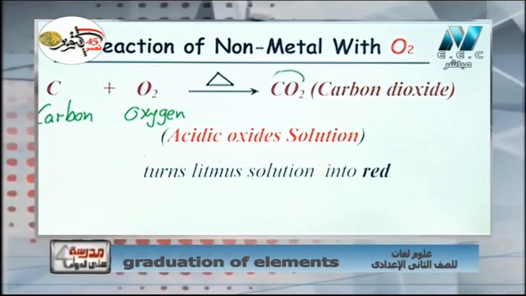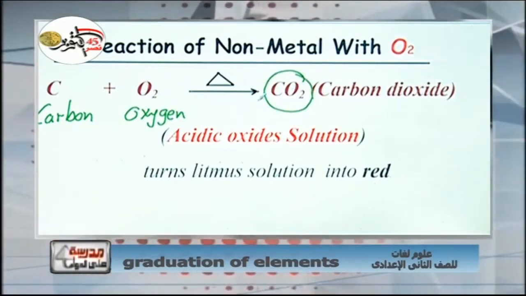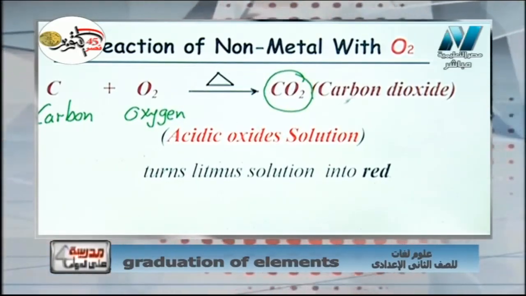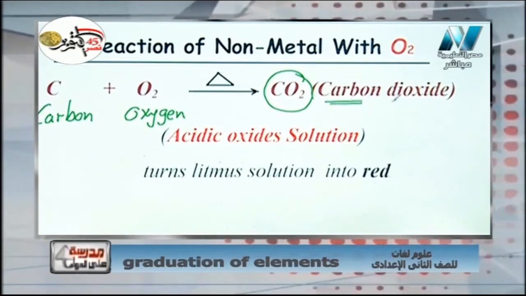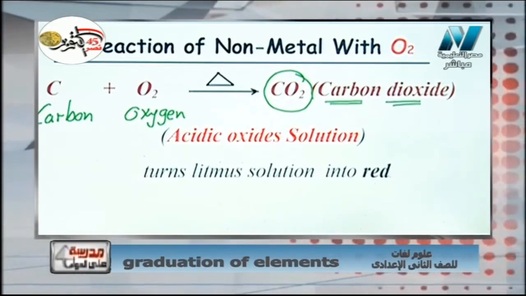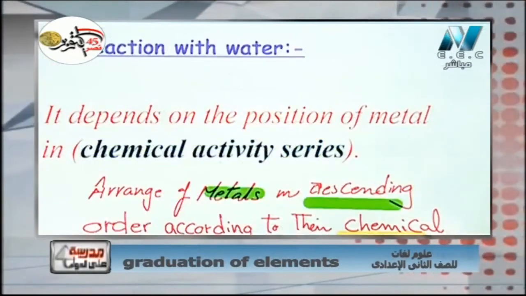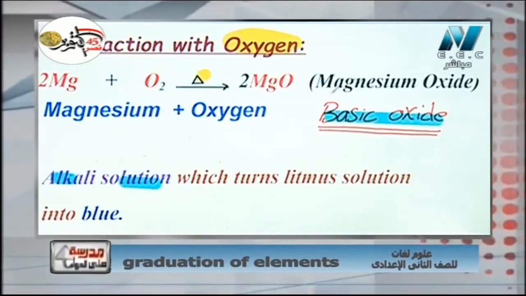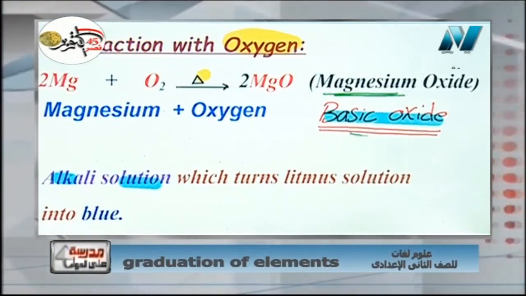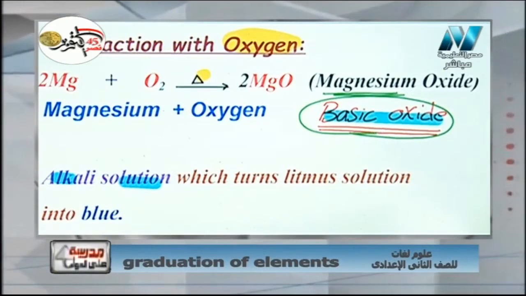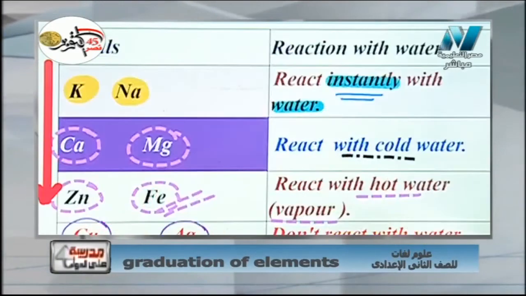Producing carbon dioxide, and this carbon dioxide is a non-metal oxide. خلي بالنا, بس عايز ارجع لورا تاني كده اهو. We have here magnesium oxide is a basic oxide, okay, but here we have carbon dioxide is an acidic oxide.